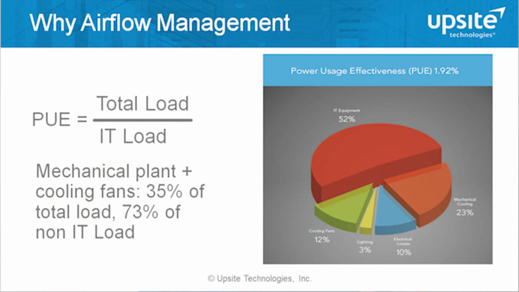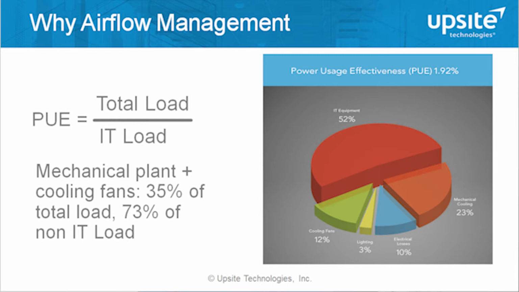Before we get started, let's talk just for a moment about why we do airflow management. Obviously, airflow management is an aspect of cooling the computer room. And when you look at the PUE calculation for a data center, you see that the cooling of the data center represents a very significant portion of the total cost of operating a data center.